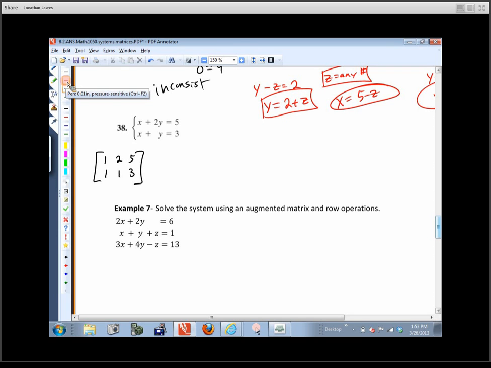Go column by column. Be careful. Use the 1 in that column to make the zeros you need in that column. The 1 I'm going to use is in row 1, so I'm going to take row 1 and do what with it?